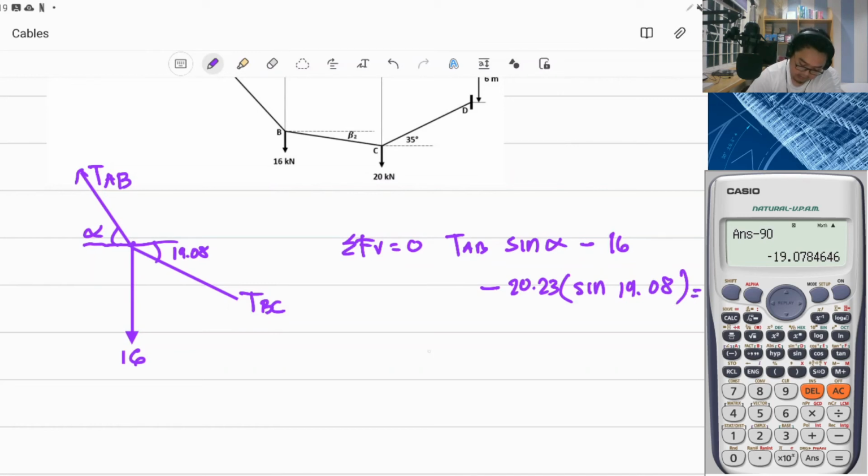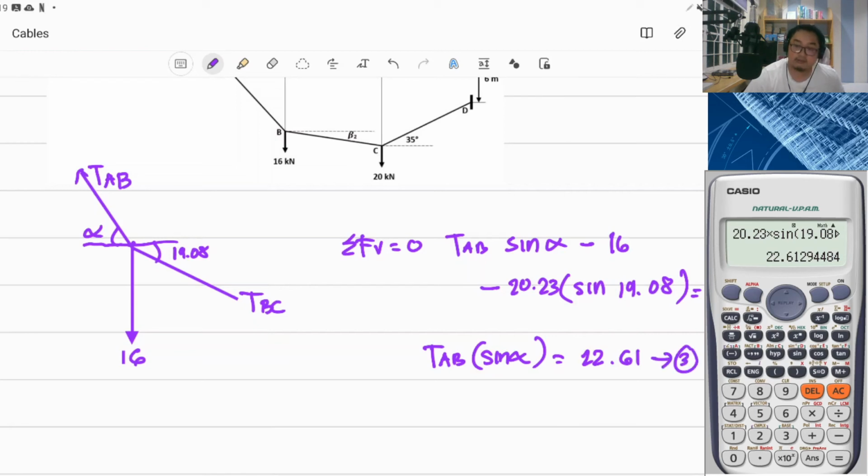Okay, so TAB sine of alpha equals to 20.23 times sine of 19.08 plus 16. So this is 22.61. So this is equation 3.